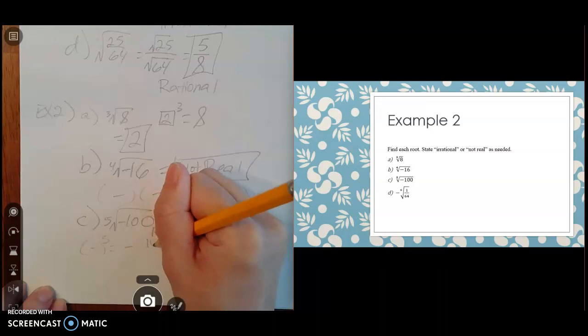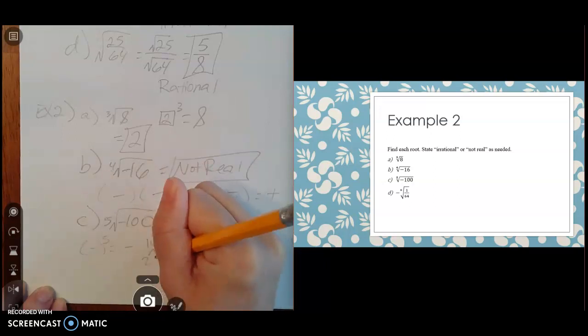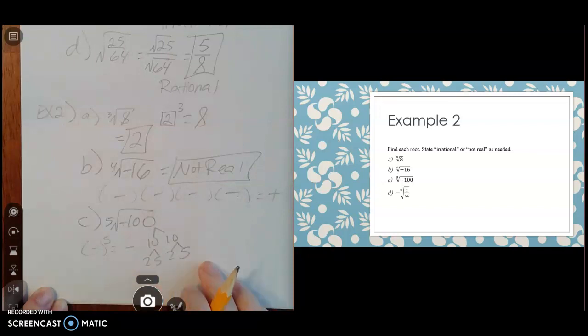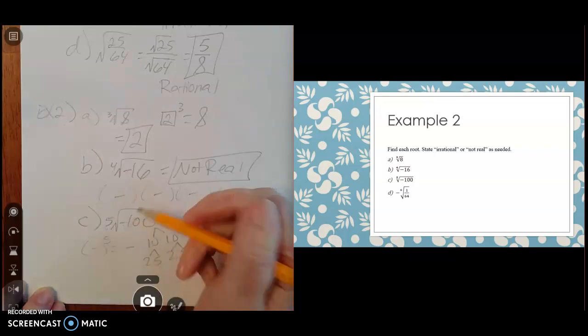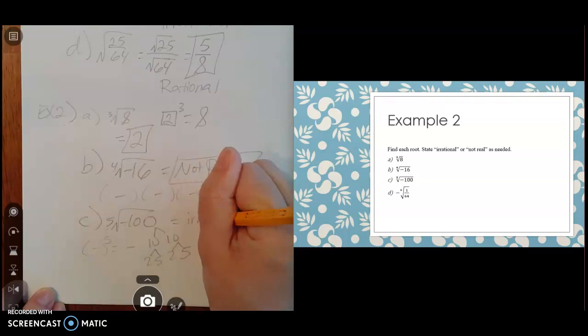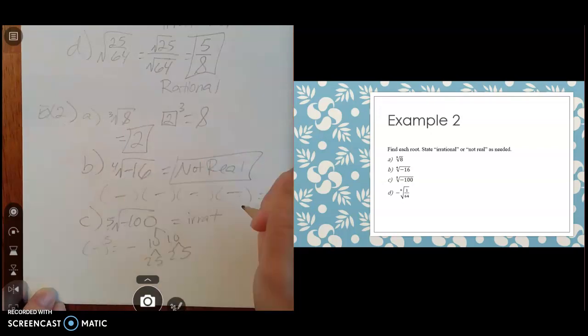Like 100 is 10 times 10, 10 is 2 times 5, and 10 is 2 times 5. If you break it down to the prime numbers, we can look for a group of 5, and I don't see a single group where it has 5 of the same thing in it. So this one is not a perfect fifth. That just means we're going to have an irrational answer. It'll be a negative number, and it'll be irrational.